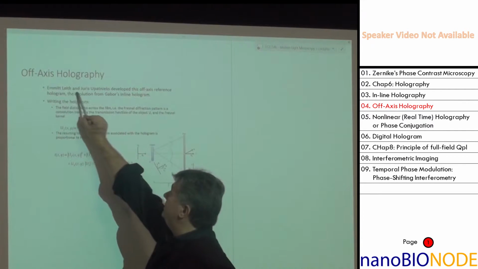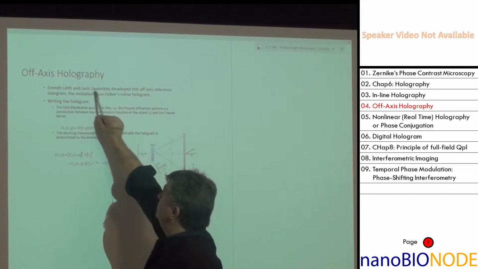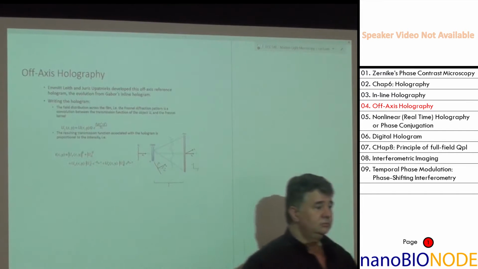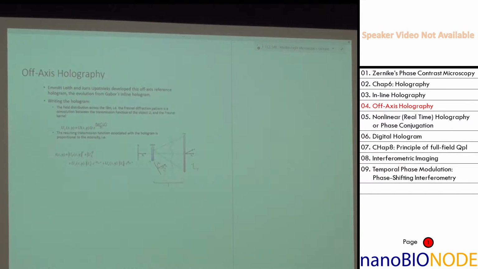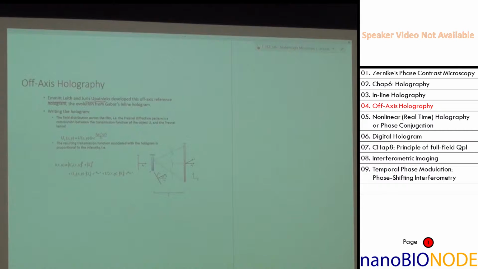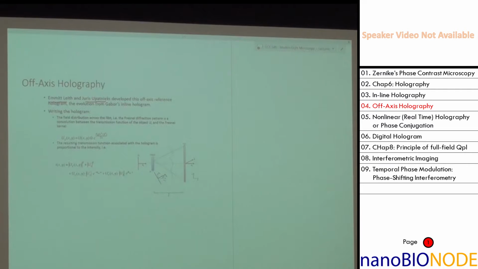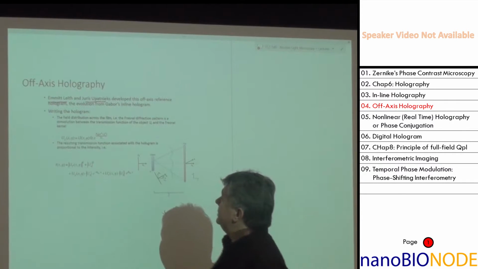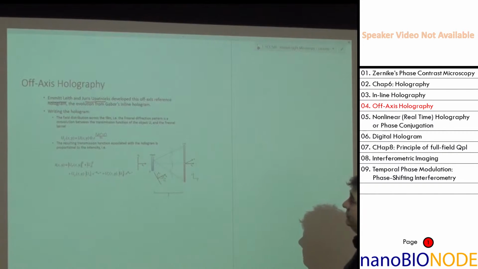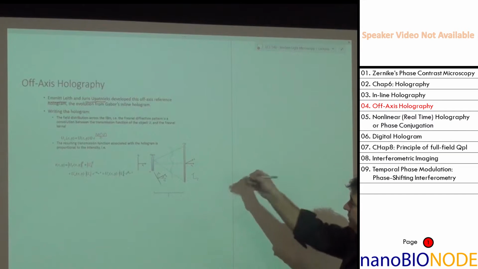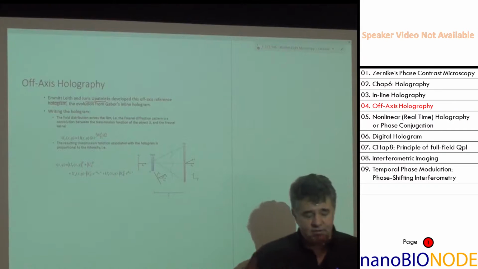This was invented by two people who worked at Michigan. There were some earlier papers on this, unfortunately in German, so they share the credit, but Leith and Upatnieks' paper is mostly accredited with this. So here's the idea.